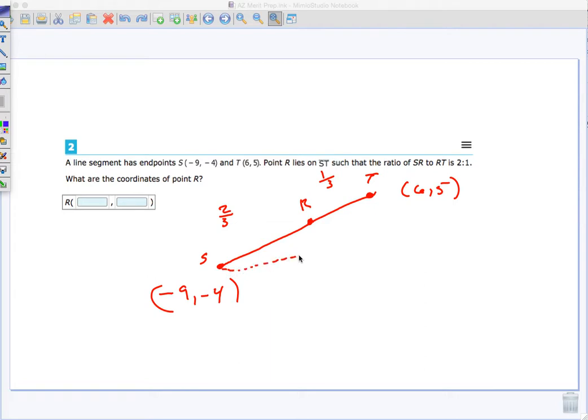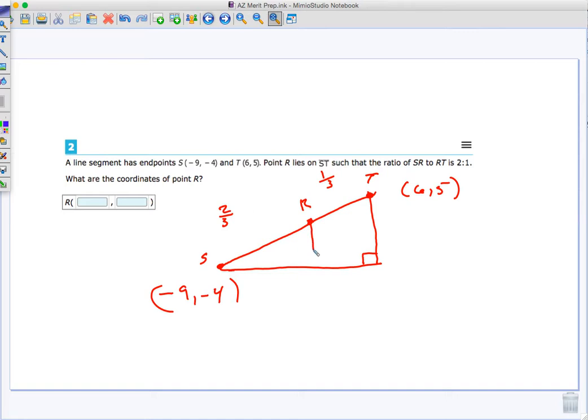I'm going to go ahead and create, that's not a very good line, so let's see if I can do that a little better. I'm going to create a right triangle here. And here we can see you have similar triangles. Similar triangles are in proportion to one another. We want to figure out this ordered pair here.